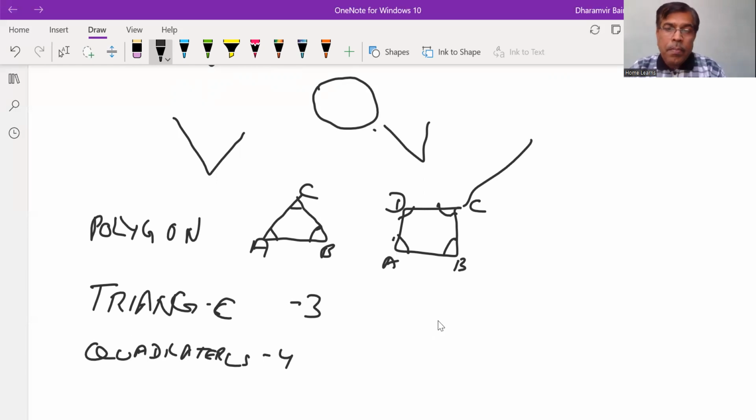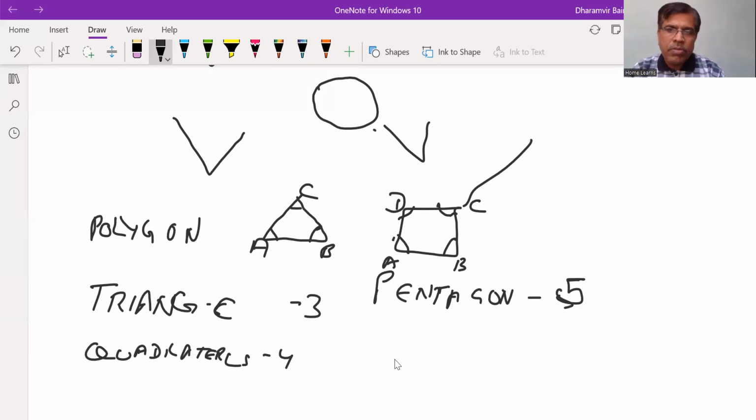Then is the pentagon. Pentagon has 5 sides, because penta means 5.